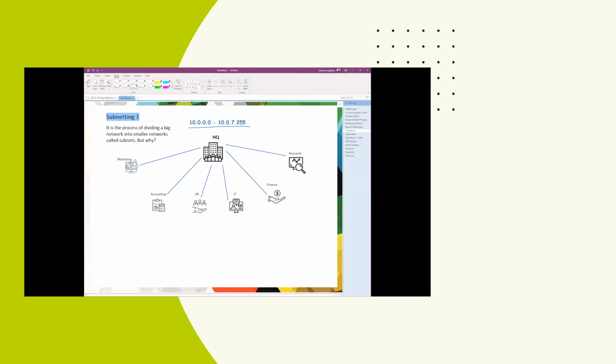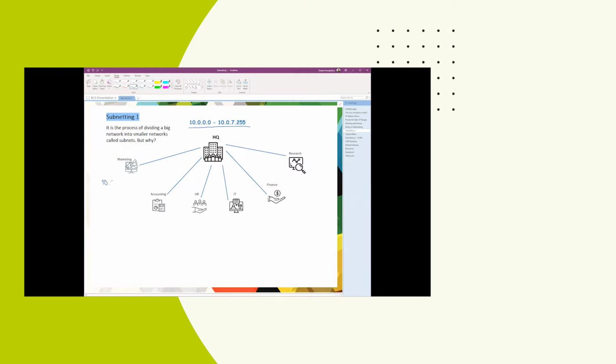So the architects have decided this range, and the network engineers need to configure the network devices and apply subnetting to the different departments and form the different networks. So they start from the marketing team, the beginning of the range.